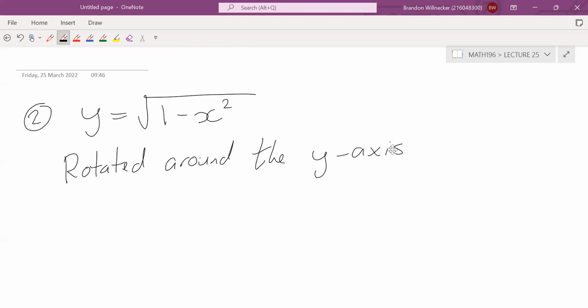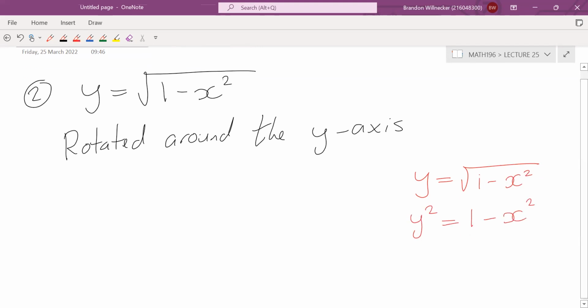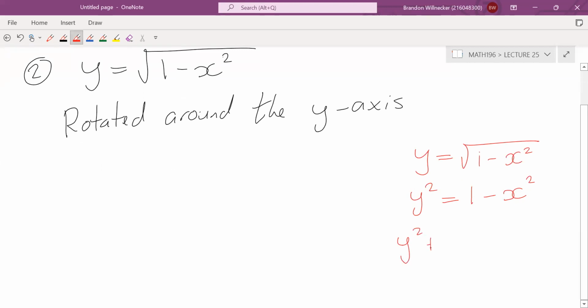Okay. Now you might be worried, how do you sketch something like this? So just on the side, let me write this down. If y is equal to the square root of 1 minus x squared, then y squared is equal to 1 minus x squared. So y squared plus x squared is equal to 1.